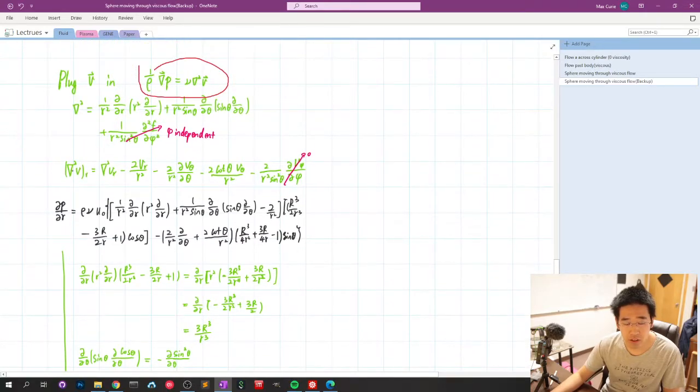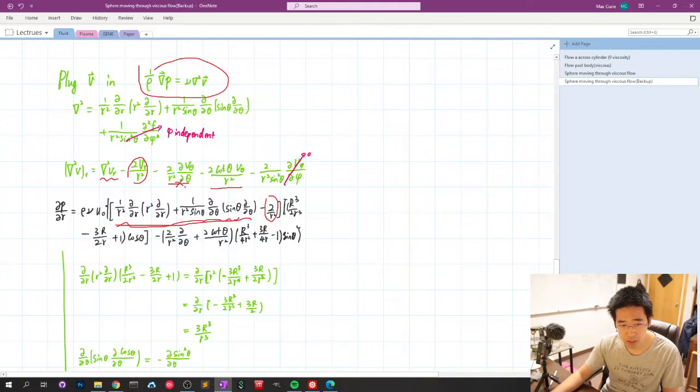So the Laplacian of v in the r direction is the Laplacian of V_r and that. And we know that is phi independent, so we have this. So we plug in, this is the Laplacian. This is this, and this is this, and we have here and here.